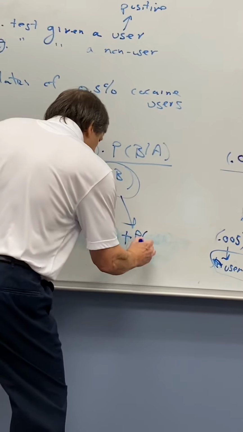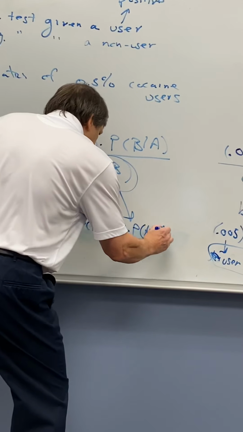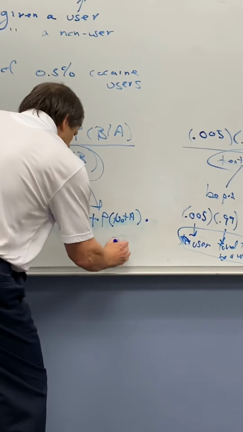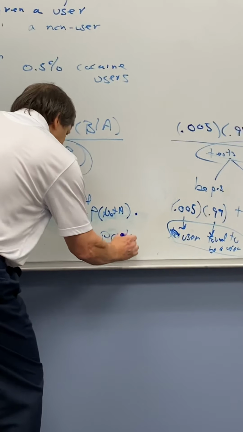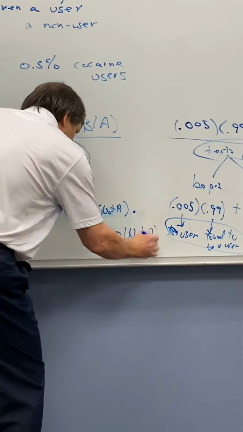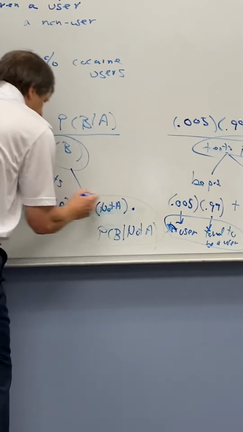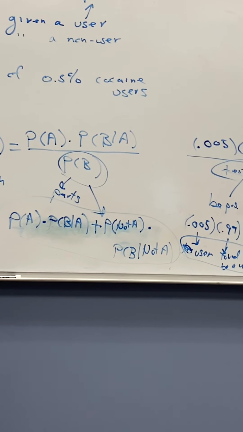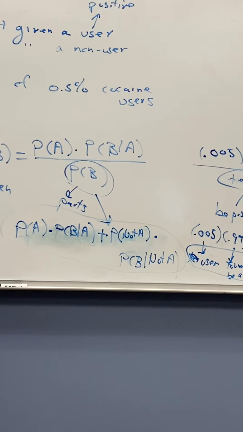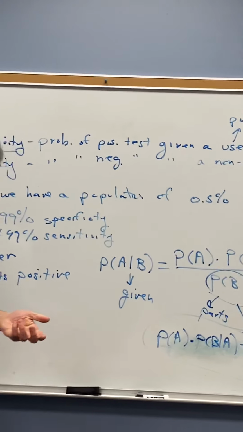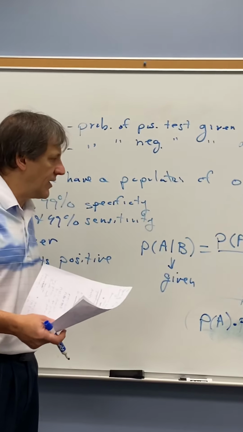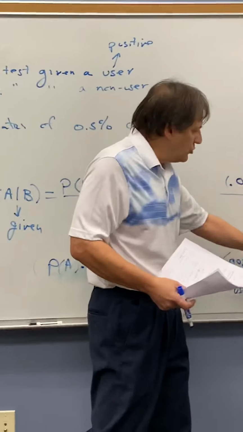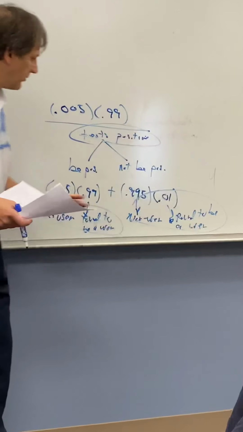We can write the probability of not A times the probability, again, of testing positive given not A. Okay? So again, it's a little cumbersome, you might say, but we break it into parts, and this actually just comes from a basic concept in probability, which is that if you have two mutually exclusive situations, which you do, you can add the corresponding probabilities. Okay.